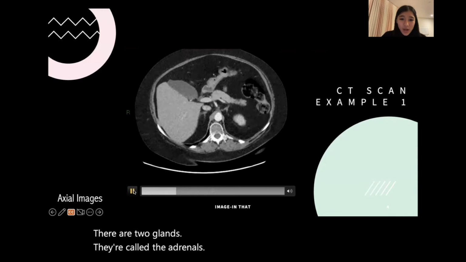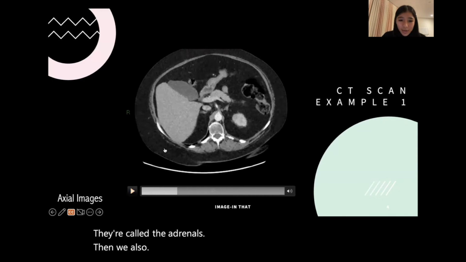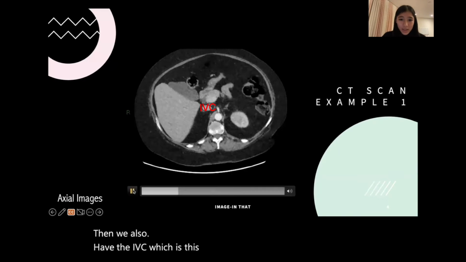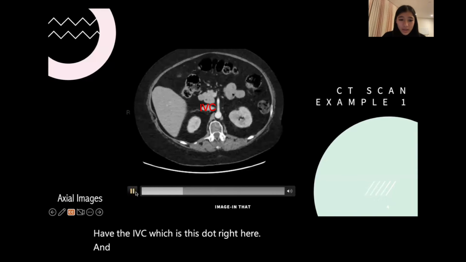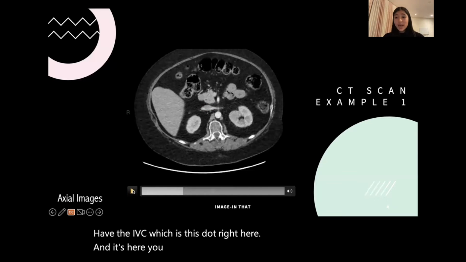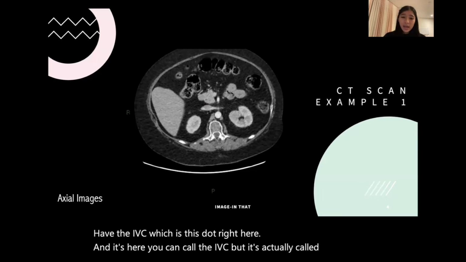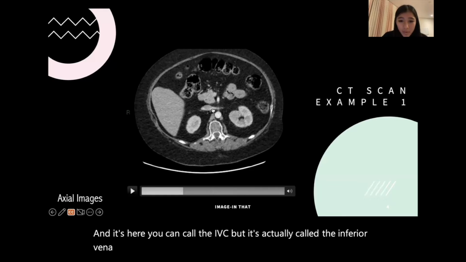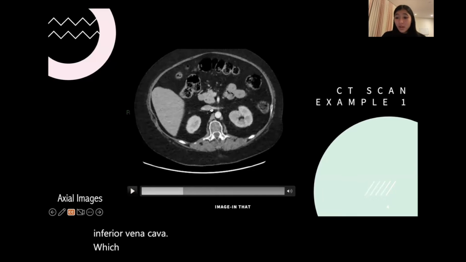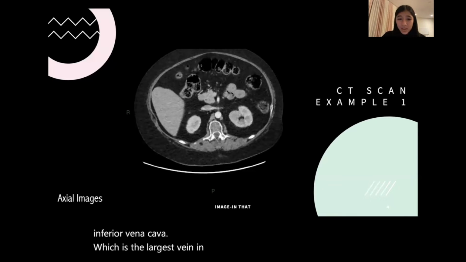Then we also have the IVC, which is this dot right here. You can call it the IVC, but it's actually called the inferior vena cava, which is the largest vein in the body.